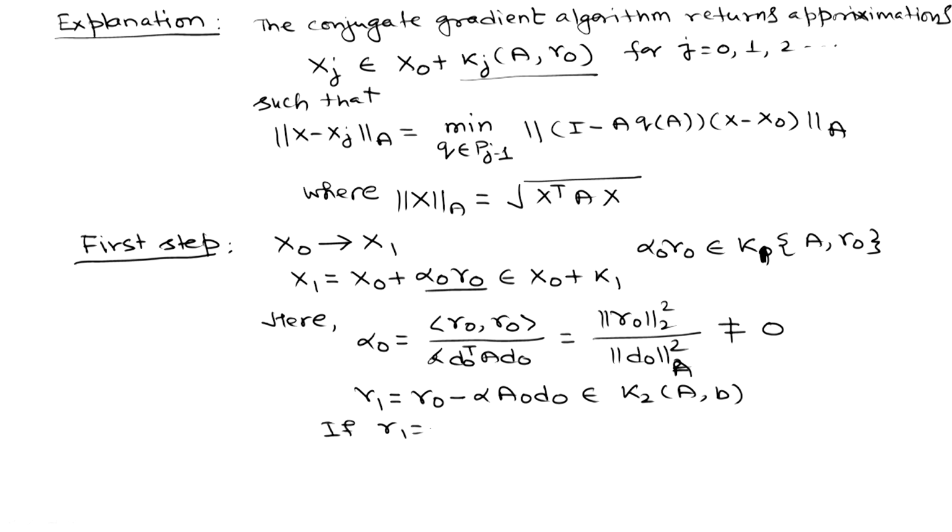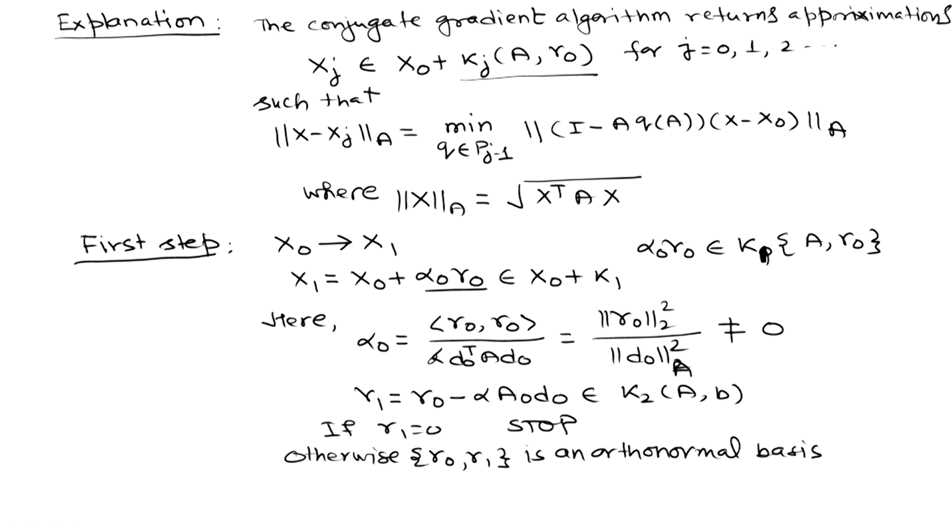Here if r 1 is 0, then method will stop, otherwise r 0, r 1 is an orthonormal basis of K 2 of A and r 0, which is the condition when I told you about Krylov methods, that each time the residual r j will be a vector which is orthogonal to the jth Krylov subspace of A and r 0.